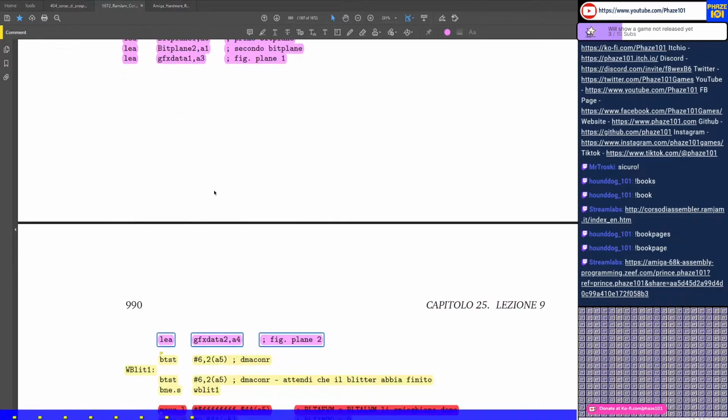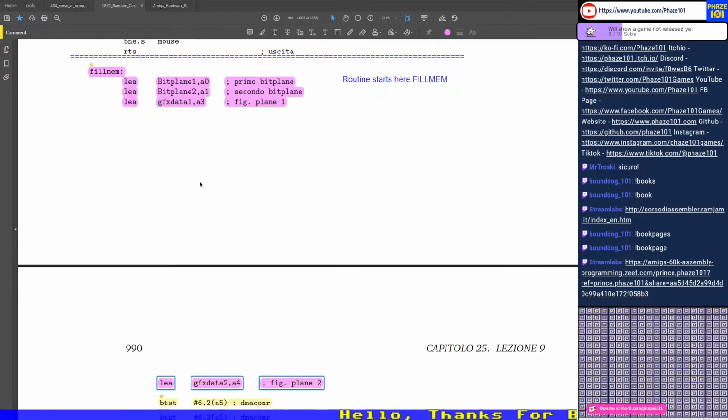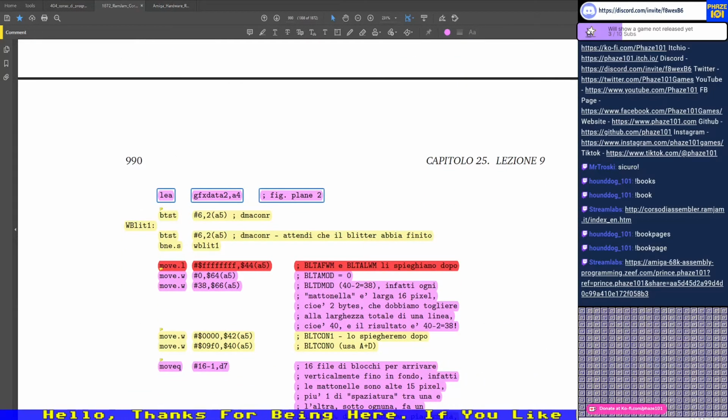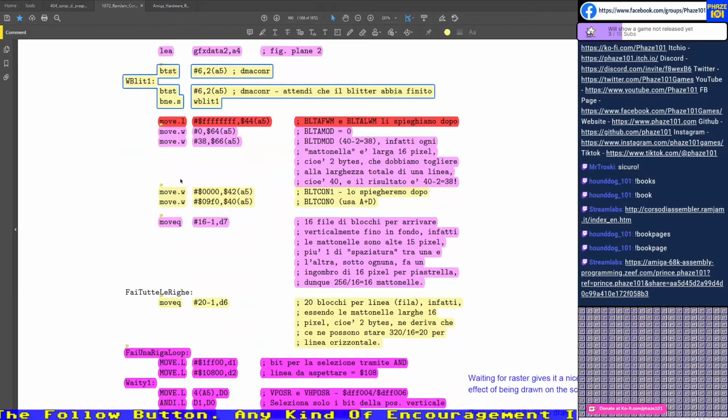So that's why 4. So we are using A0, A1, A3, A4. We're skipping A2. Once we initialize those registers, we wait for the blitter to finish if it's being used.